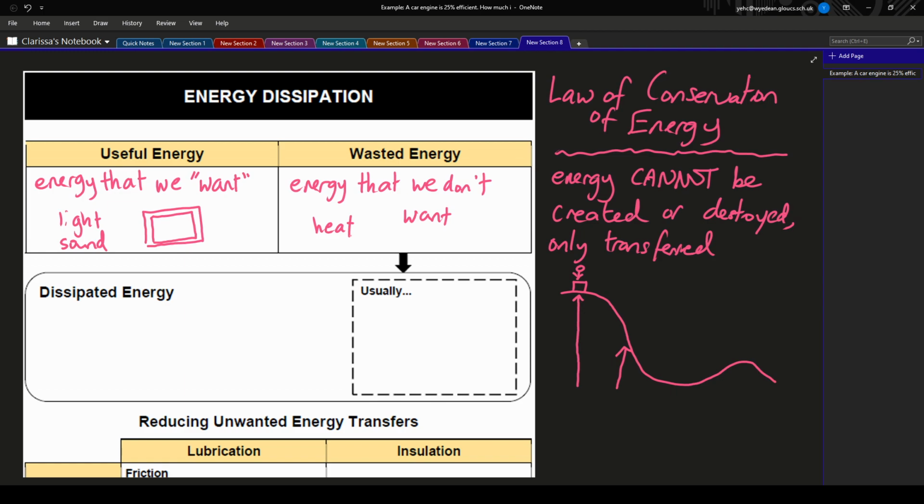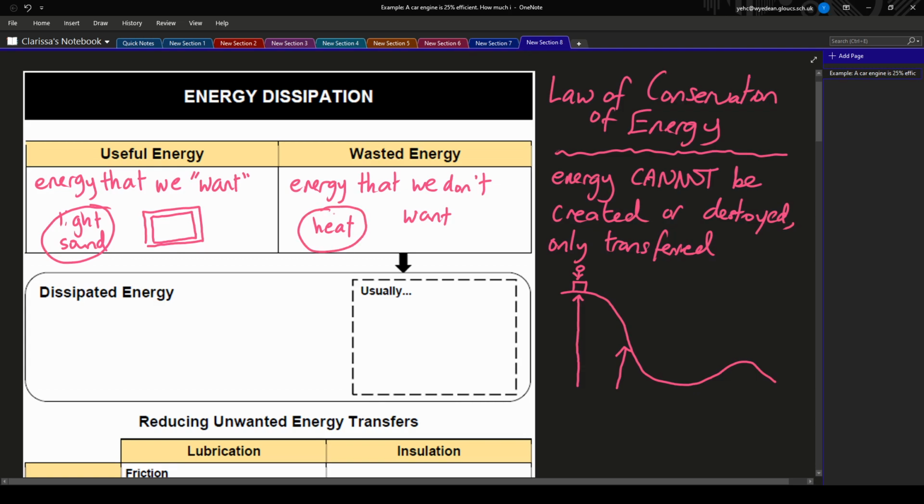Remember, it depends on the appliance though. Obviously if we're talking about a heater, then heat would be something that we do want. So when we're deciding on what is useful and what is wasted, it depends entirely on that specific example of what device you're using.